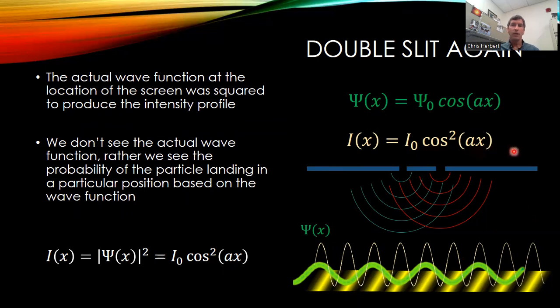So here's one way of trying to understand what this wave function represents. At least the square of the wave function represents the probability of where this particle is, or if it interacts with the screen, where this particle is going to interact.